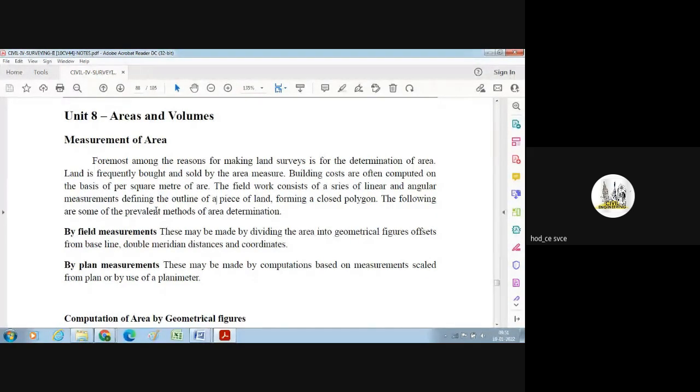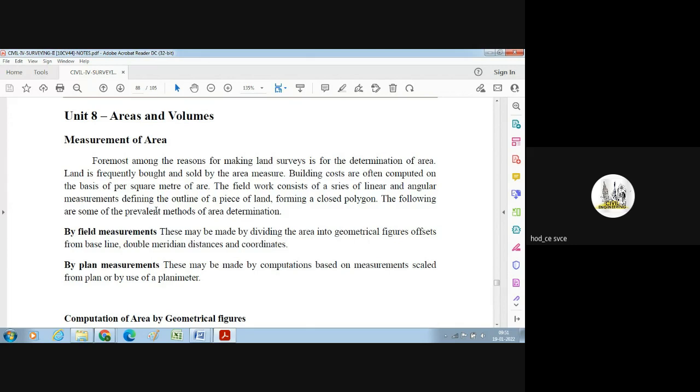It's the same thing here also. In the complete field, whatever we have drawn, in that area we form well-conditioned triangles. As you know the area of a triangle, using that we can do the calculations. So that is the basic principle of surveying.